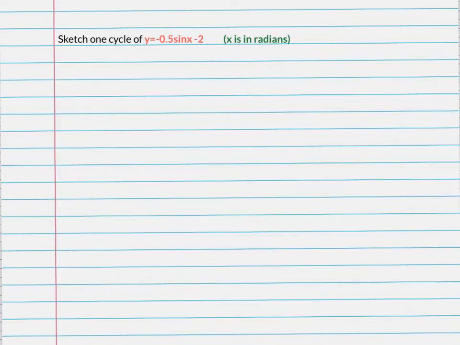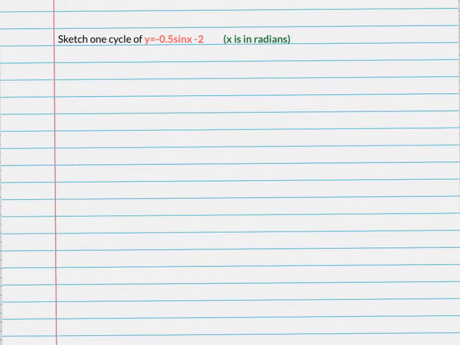In a new example, y equals minus 0.5 sine x minus 2. Here the transformations are a reflection across the x-axis due to the presence of a negative sign, a vertical compression by a factor of 0.5, and a vertical translation 2 units downward due to the presence of a negative sign.